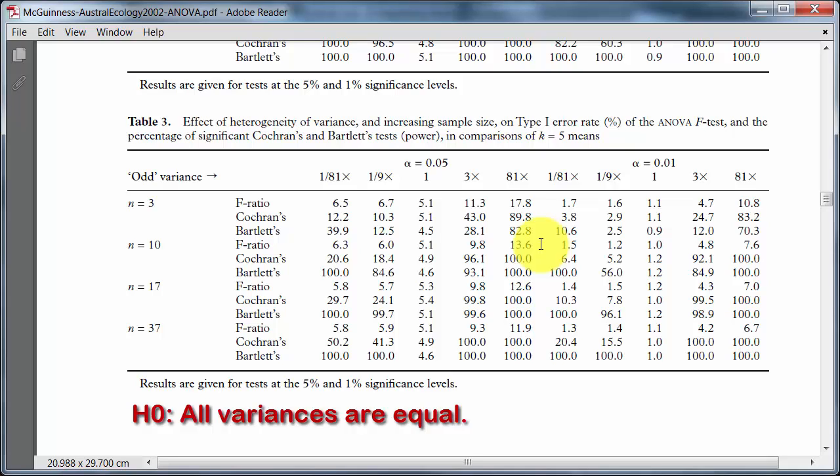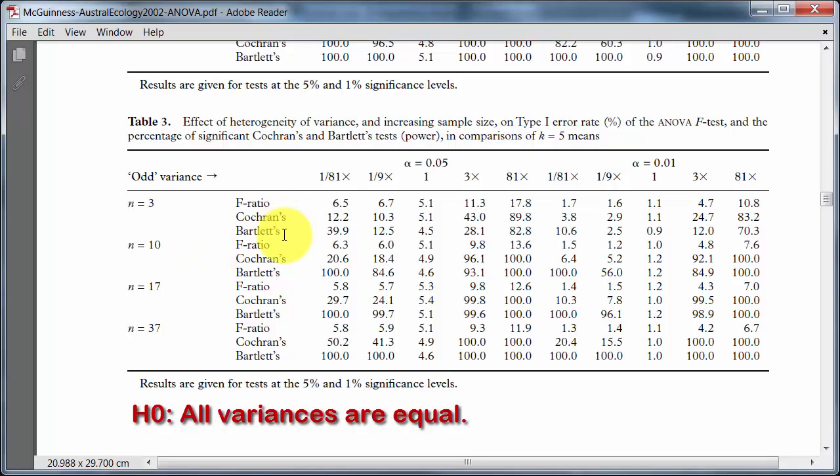What this means is that if you have a reasonable number of replicates, which in these simulations is 10, then Cochran's and Bartlett's tests become overly sensitive, and they lead to rejecting that null and saying the variances are different, there is a problem, far too often.